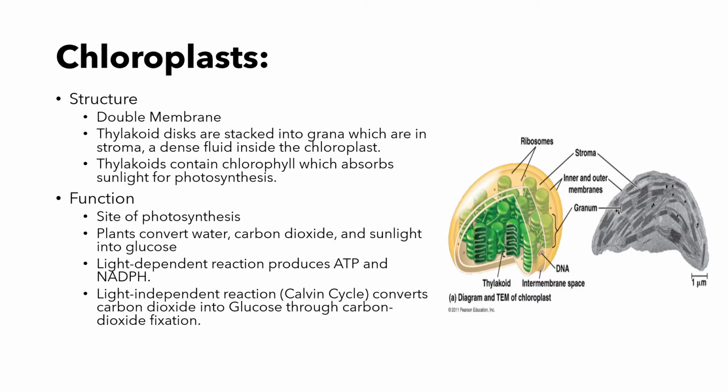Then the light-independent reaction, known as the Calvin cycle, takes carbon dioxide and converts it to glucose through carbon dioxide fixation. And so you can see a representation of the chloroplast with its grana stacks, the stroma, and so on.